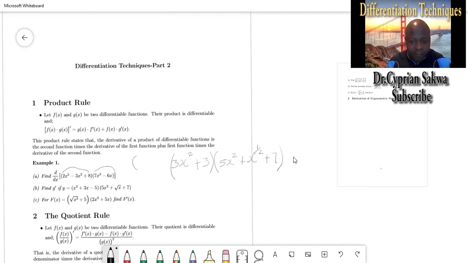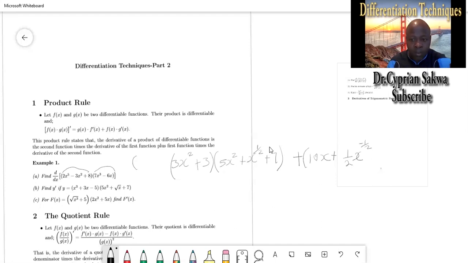Then this time, differentiate this second function to have 10x plus half x raised to negative a half.